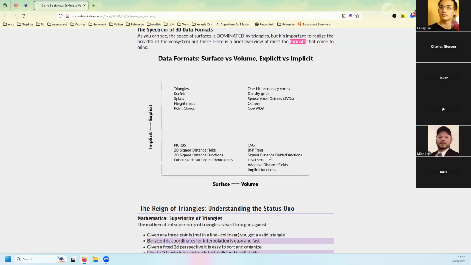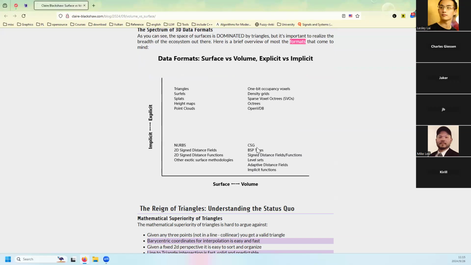So for implicit, we have constructive solid geometry. BSP trees. I don't know what this acronym stands for.